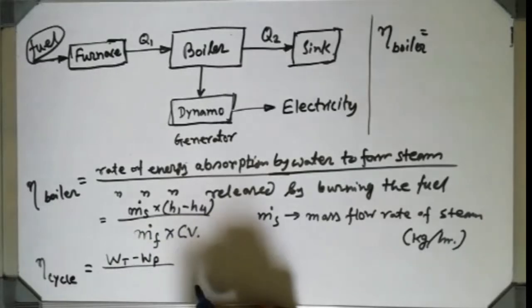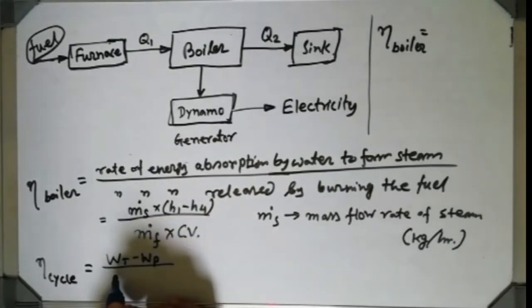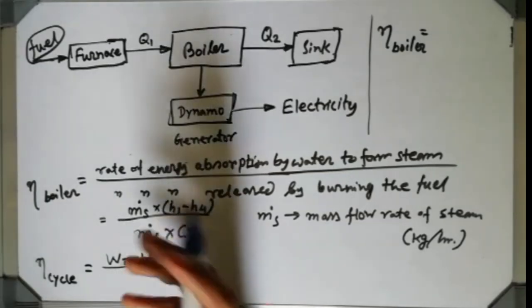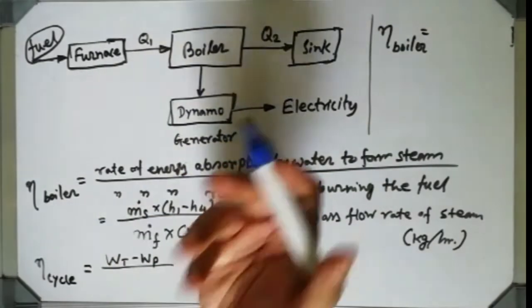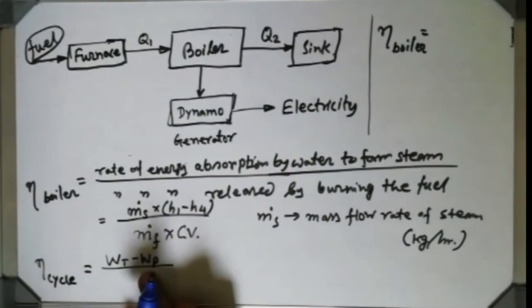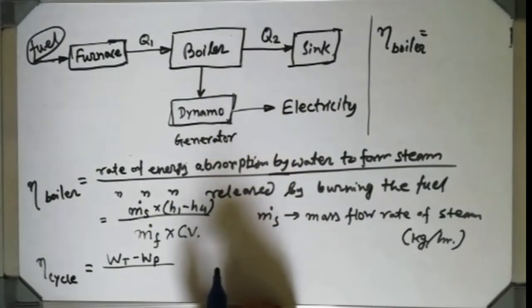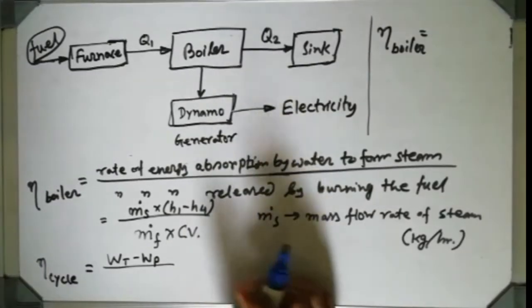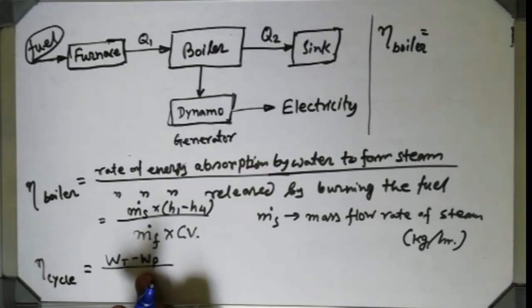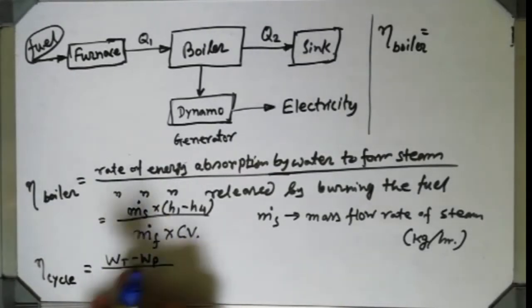Why am I writing WT minus WP? Because WT is the turbine work and WP is the pump work. So what amount of work is being produced by the turbine, some amount of work will be consumed by the pump from there, because pump is a work consuming device. So how much power you are generating from turbine, some power will be consumed by the pump. That's why that is the net work, WT minus WP.